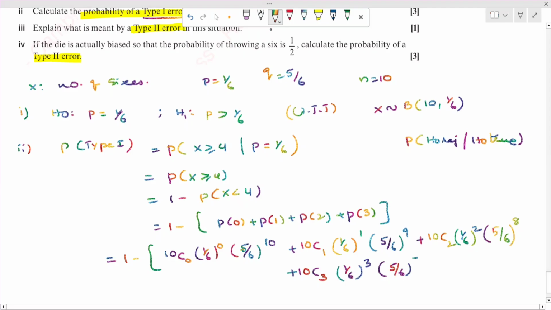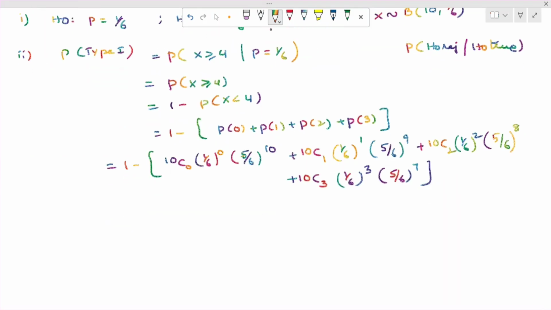Okay, now you simplify, use a calculator, you will get the answer. Let me simplify this.